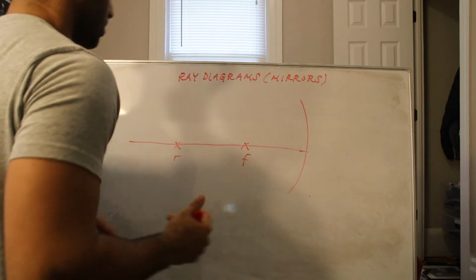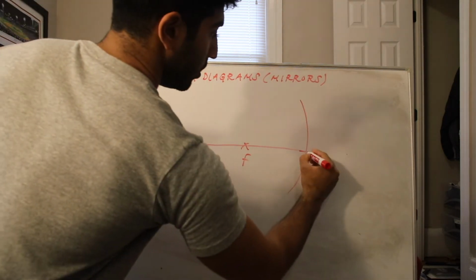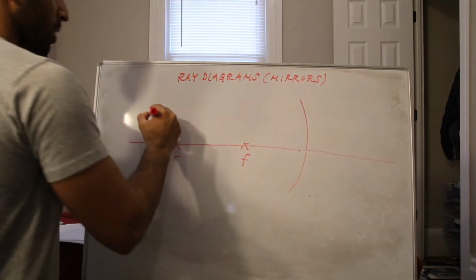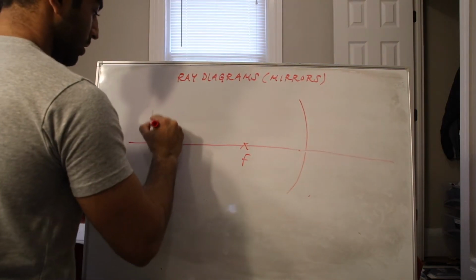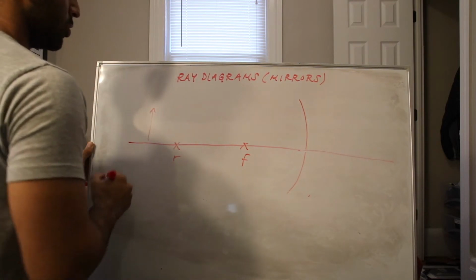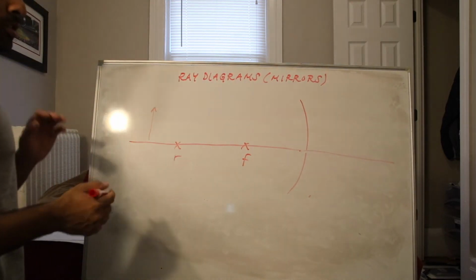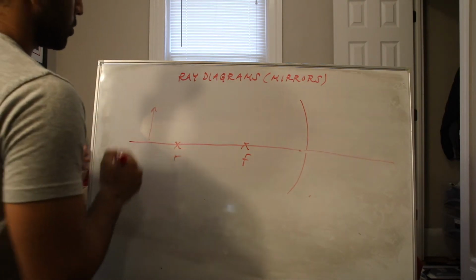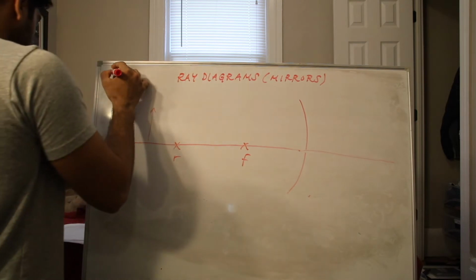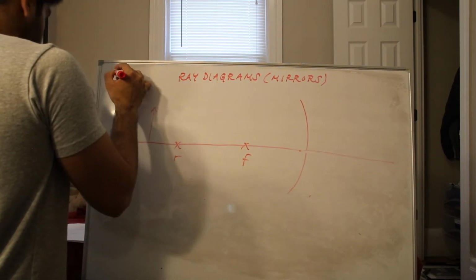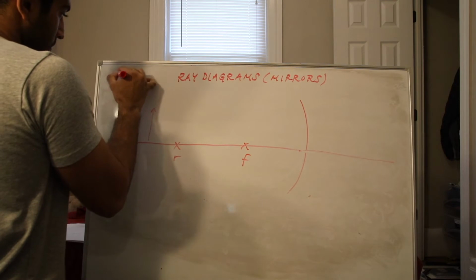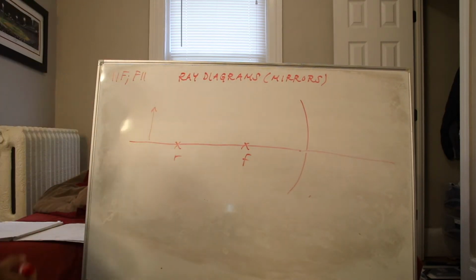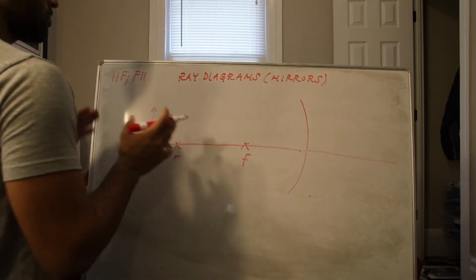So I'm going to go through the different options. First, it's possible that my object is right here. If my object is right here, there's always 2 rays you want to draw to make an image. The rule I like to remember is parallel, F, F, parallel. If you remember those rules, you should be able to figure out where the image is.